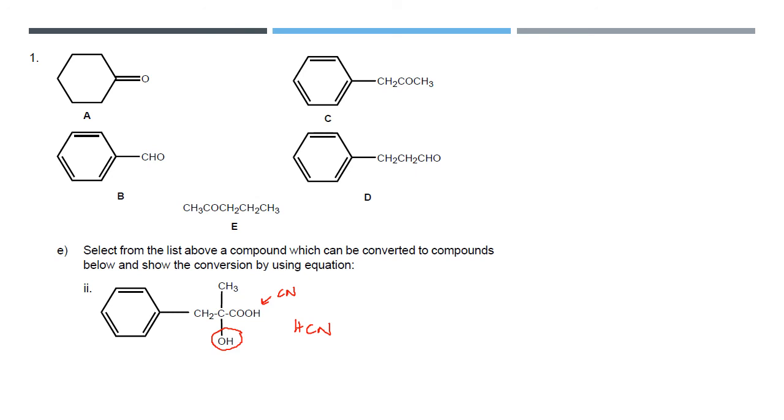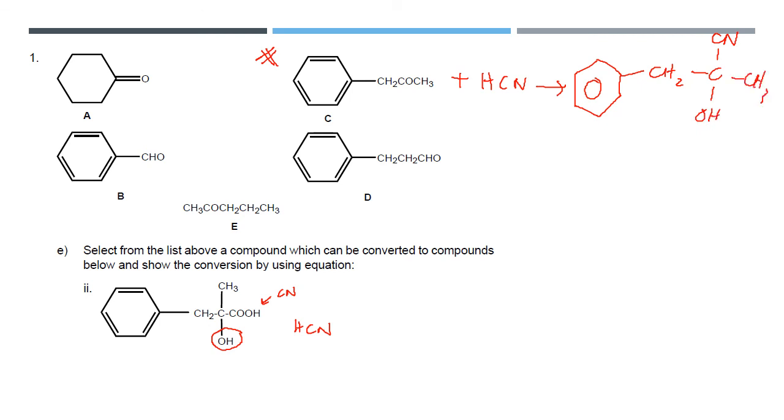So this would be a ketone in the middle. So maybe we can use this compound. We react this with HCN, and then we are going to get a compound where we have CH2 and then C, CN, OH, CH3.